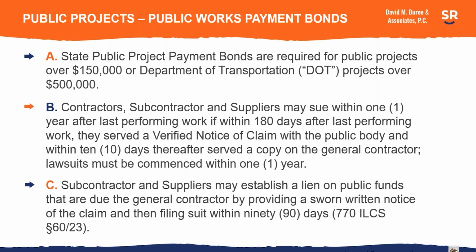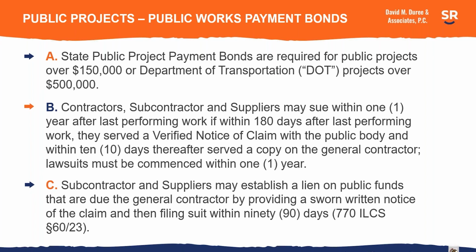The other category of lien claims that you might have would be on public projects. And there's two types of public projects: the state of Illinois public project, or a federal project located within the state of Illinois.